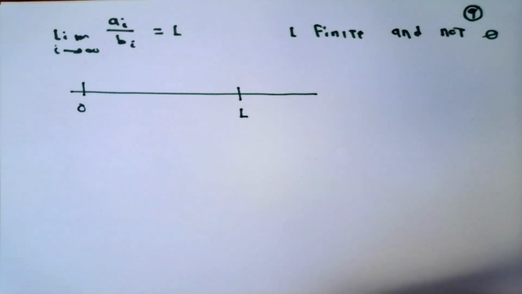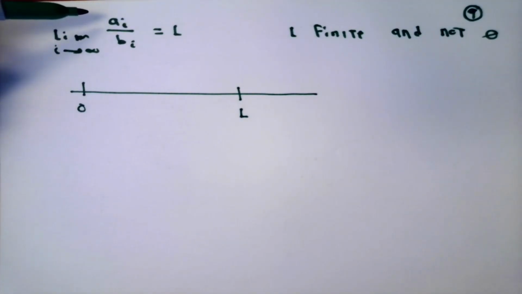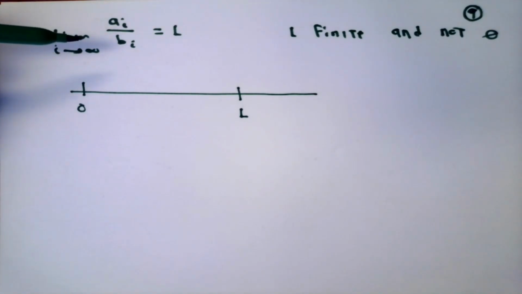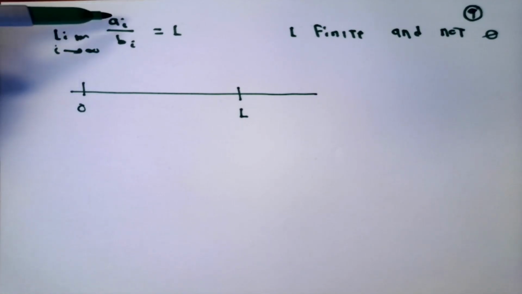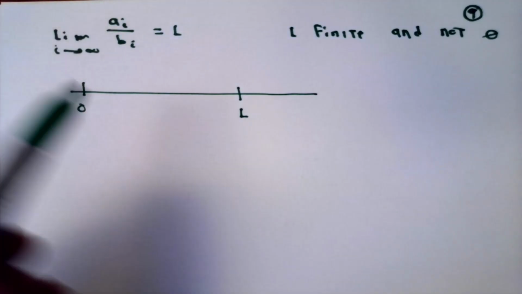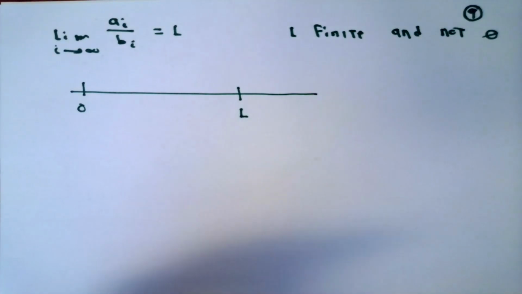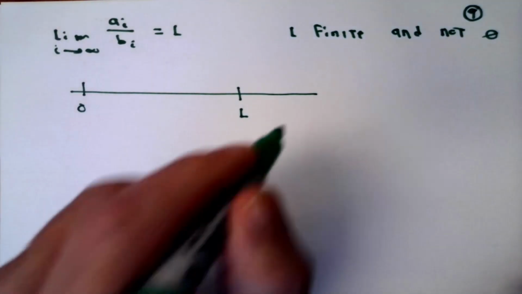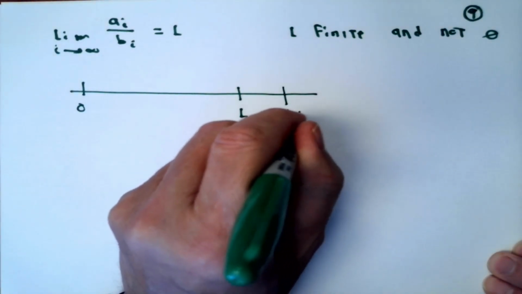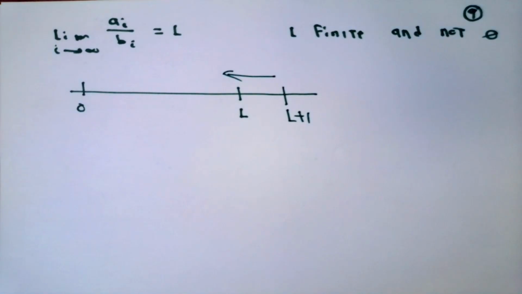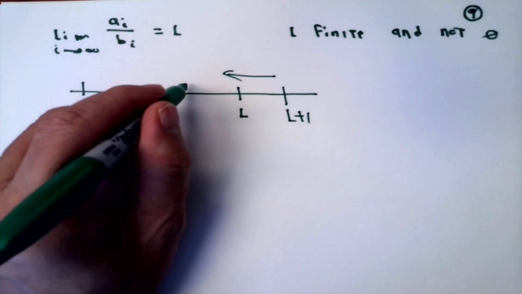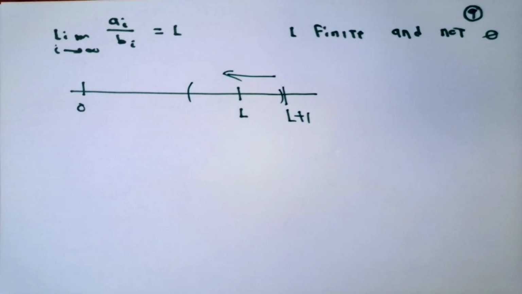Let's suppose that this is the case. What does it mean for the limit as i tends to infinity of a_i over b_i to be equal to L? It means that beyond a certain index, a_i over b_i must be close to L. Beyond a certain index, a_i over b_i can't be any further away from L than 1 unit of distance, or a half of a unit, or 10 units.